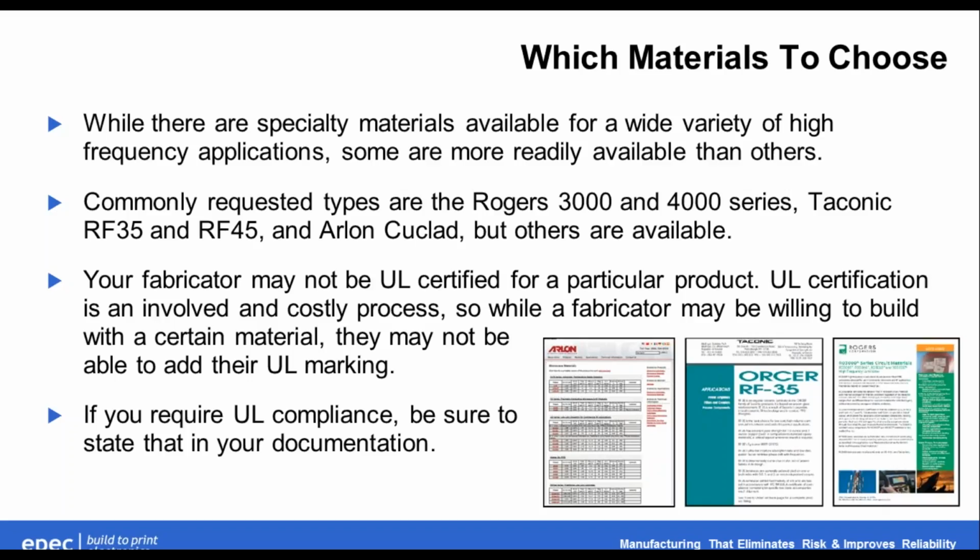So you just have to keep that in mind if the finished product is going to be subject to UL. Make sure that you state that your product is a UL compliant product in your documentation too, so that we're aware of that, so that if we find out we don't have the certification for that material, we will tell you, and we will work out a solution one way or the other.